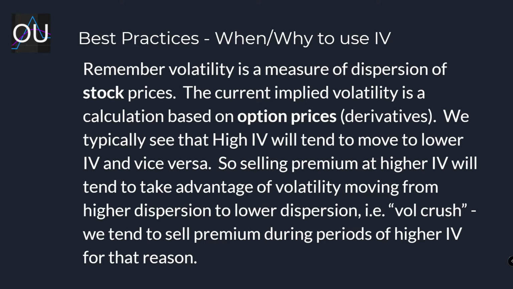Similar to diffusion, or what they call osmosis, right? How water gets up a tree: you have a higher concentration moving to a lower concentration. Same thing with stock prices. Volatility will move from a higher dispersion to a lower dispersion, and we call that IV or vol crush, and we tend to sell premium during periods of higher IV for that reason.